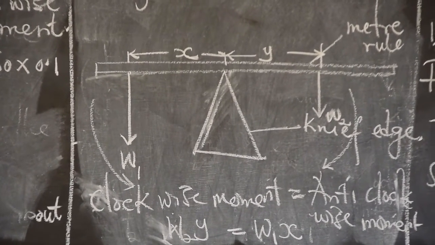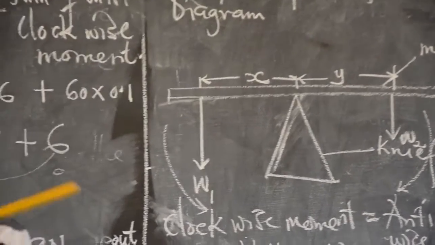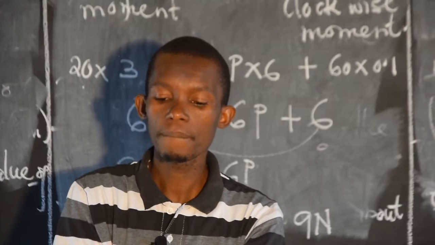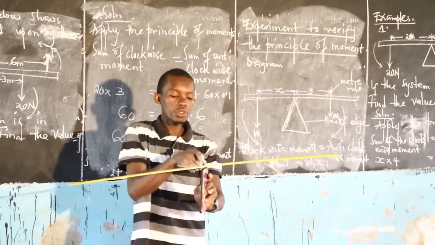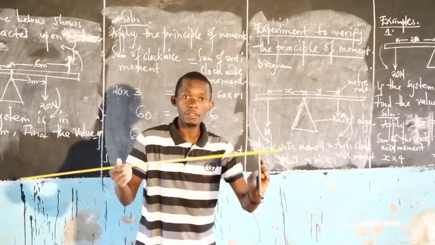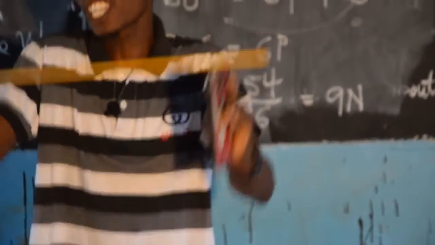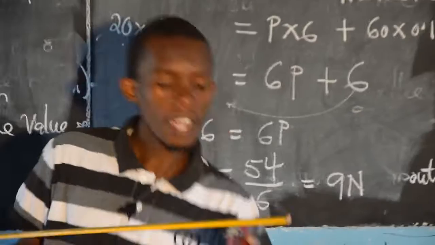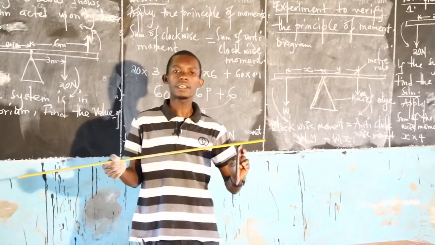The first thing we do, a meter rule is balanced on the knife edge. This is our knife edge. A meter rule is balanced there, and you note the balancing point. After, you suspend a known weight to one side of the meter rule at a known distance, say 10, from the turning point, or from the pivot.